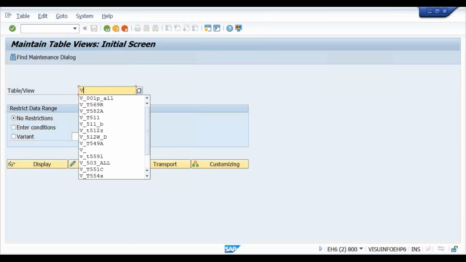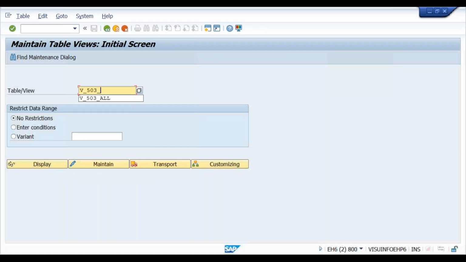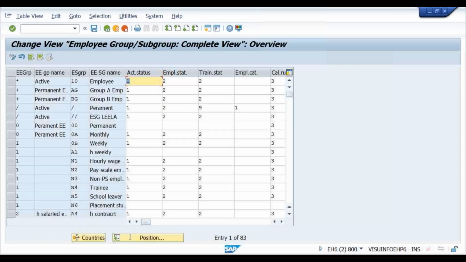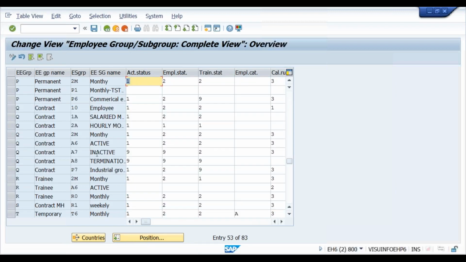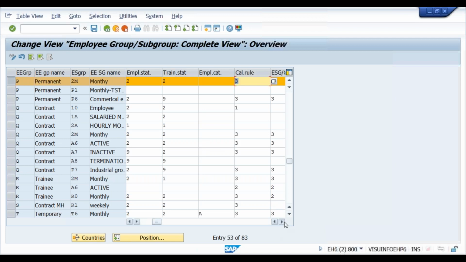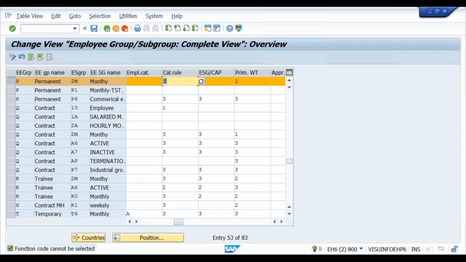So if you go to this table, at the time I did not explain what this PCR grouping is. Now, if you look here, there is a PCR grouping and there is a CAP grouping. I told you, when it is a salaried employee, maintain 3 as the calculation rule grouping. When it is an hourly employee, maintain 1 as the calculation rule grouping.